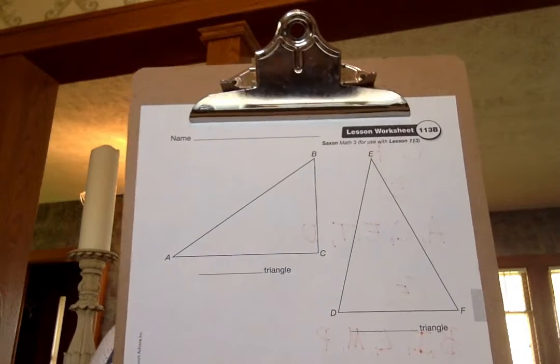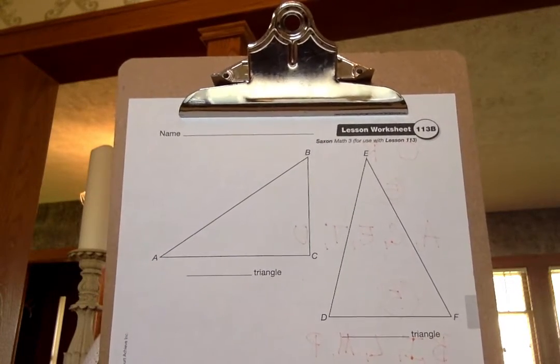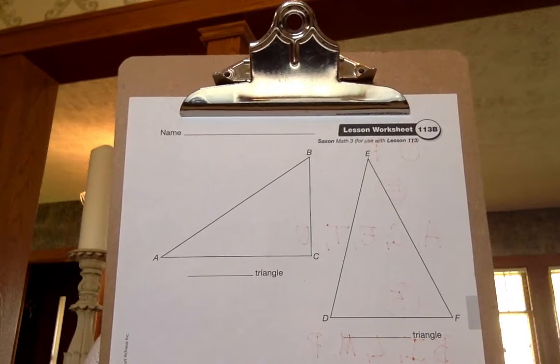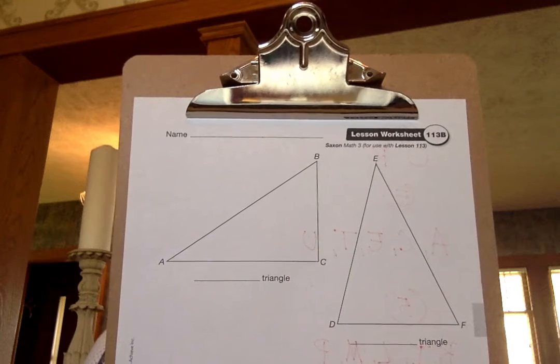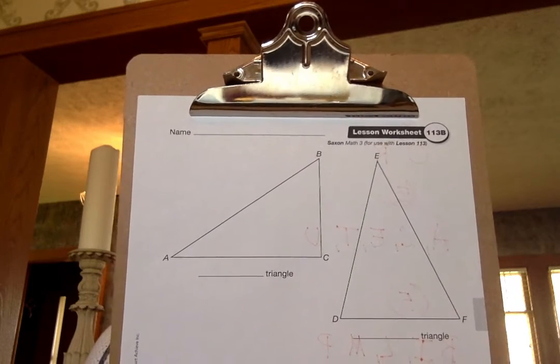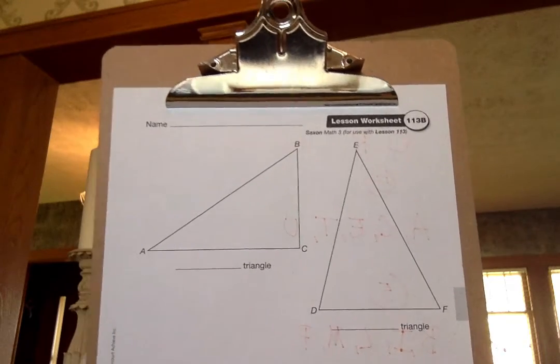Now, I want you to get out 113B. And we're going to learn to name triangles by using angle names. If a triangle has a right angle, it's called a right triangle. Which angle looks like it might be a right angle?